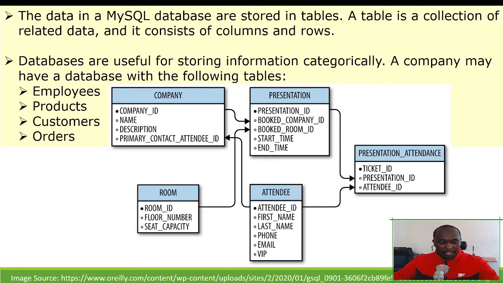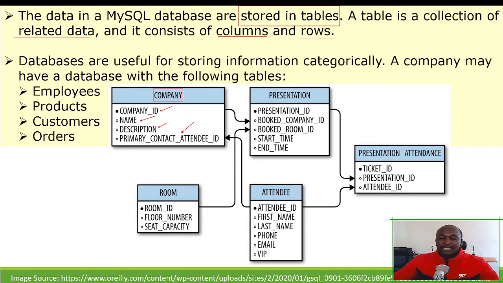Now, in MySQL, data is stored in tables. What is a table? A table is a collection of related data. Normally, it consists of columns and rows. So this is an example of a table called company, which has the columns company_ID, name, description, primary_contact_attendee_ID.